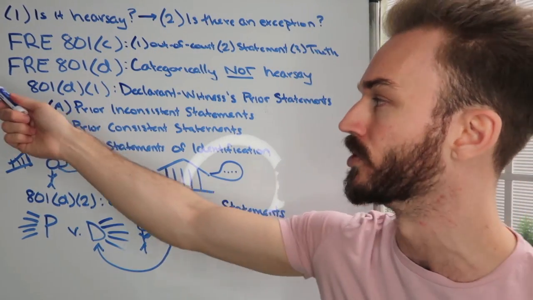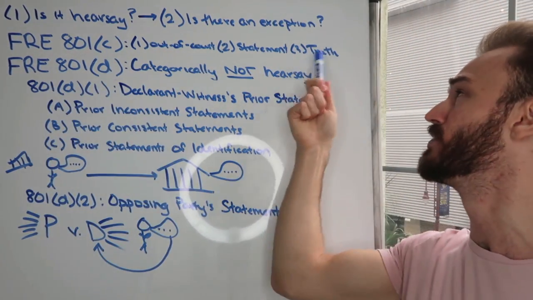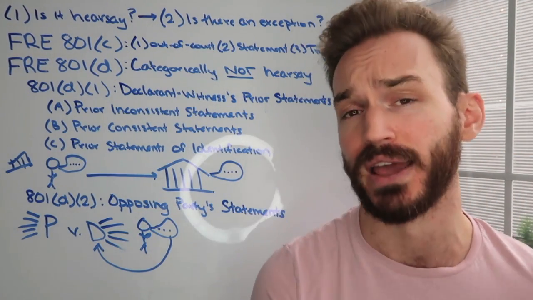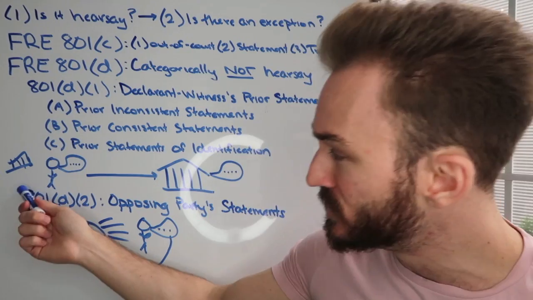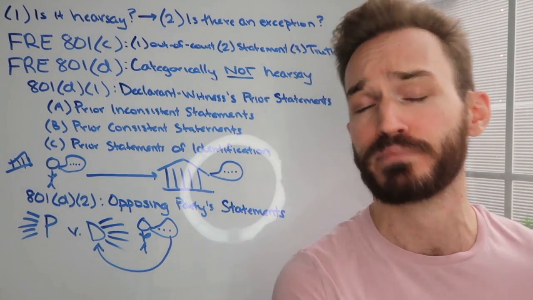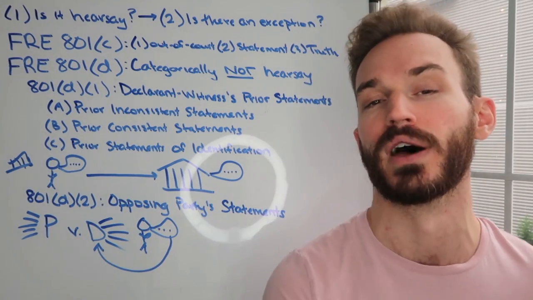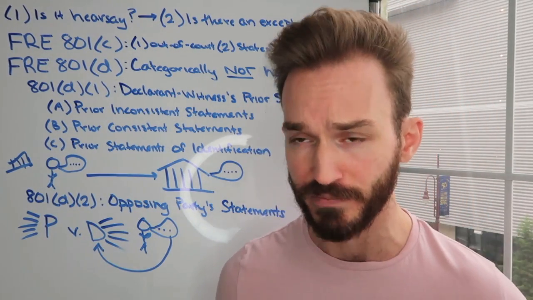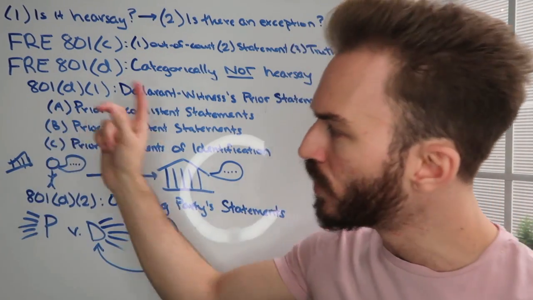So that doesn't fall under 801D1A. That falls under 801C. It doesn't meet the third element, so it's not hearsay for that reason. 801D1A deals with the situation where this prior inconsistent statement was made under penalty of perjury, and now we're going to allow it to come in to prove the truth of the matter asserted for substantive purposes, okay? So that's the rule with 801D1A.